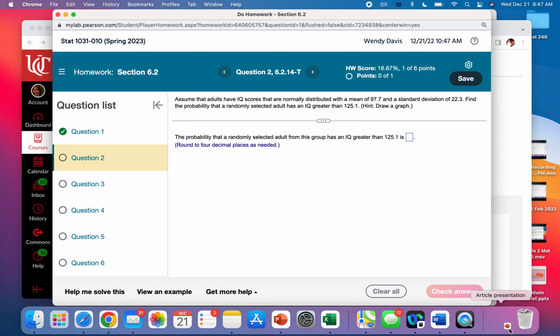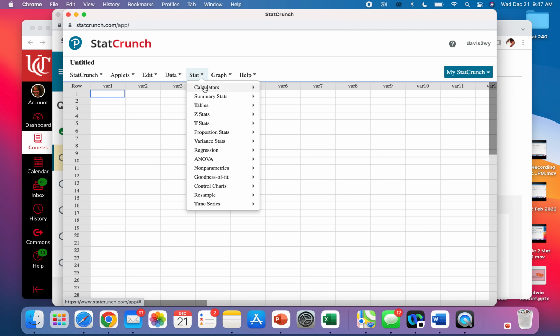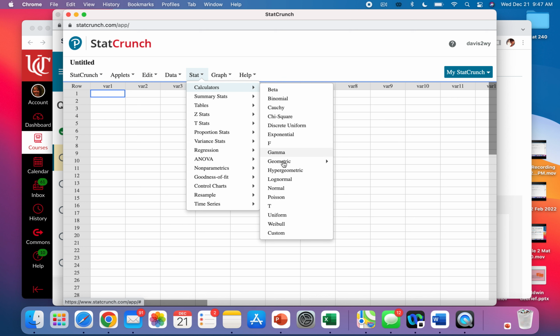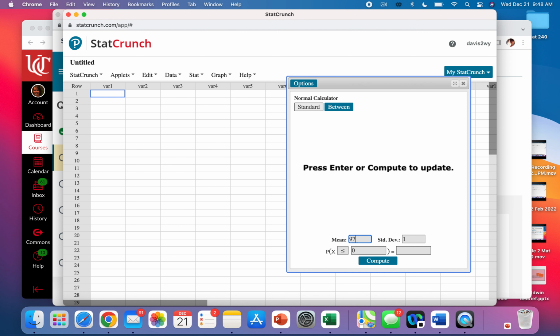What happened to my StatCrunch? Okay, stat calculators. Normal. Mean of 97.7.